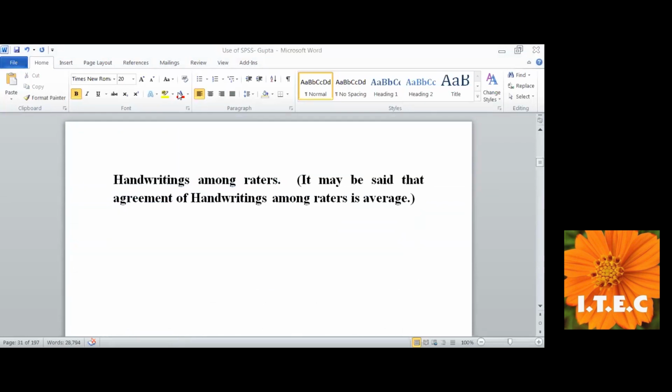So you cannot find out which judge or rater rating was the best. It's not possible. I can once again show you the steps, no problem.